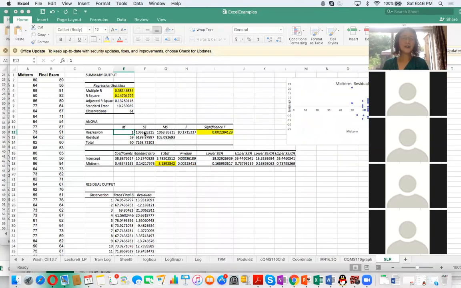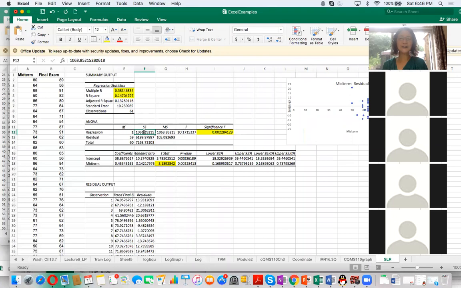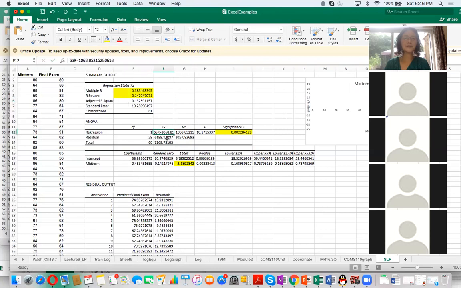Over here, you have SS, exactly the same as we did 2 lectures before. SS stands for sum of square. This is sum of square due to regression, so we call it SSR.